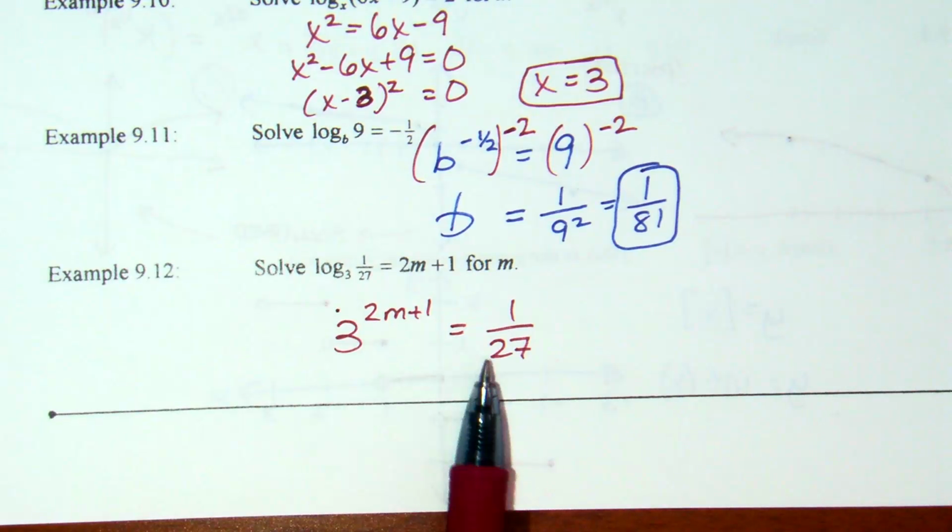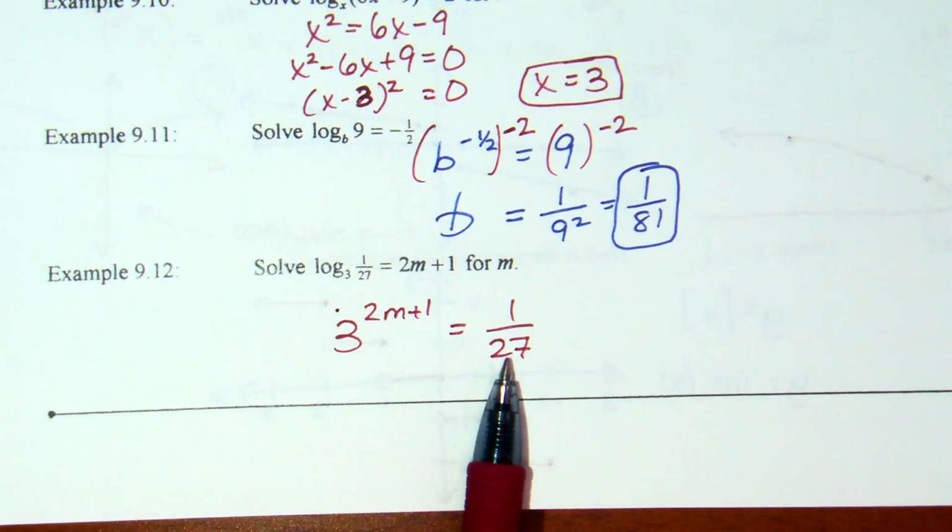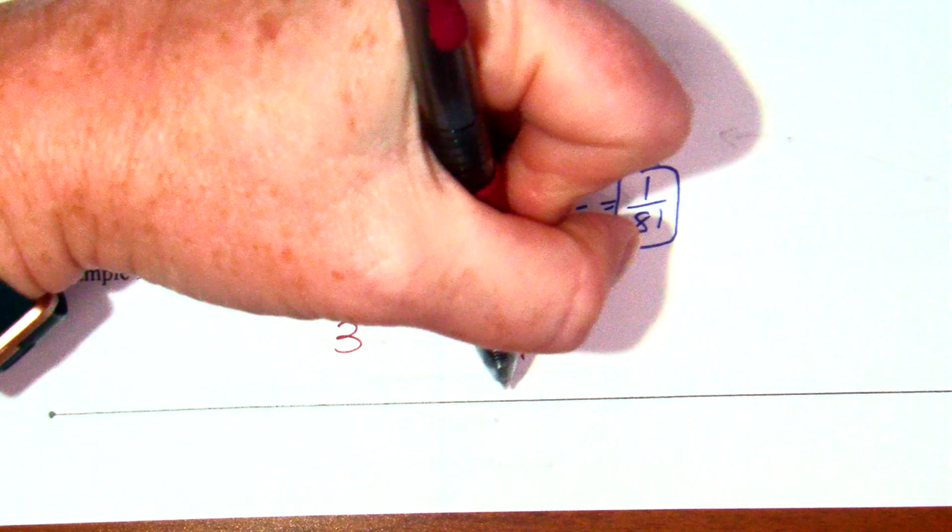What I need to solve for is in that power. How can 1 over 27 become a base of 3? What do you know about 27? It's 3 to the third, right? Because 3 times 3 is 9, times 3 is 27. Because it's in the denominator, that is 3 to the negative third.